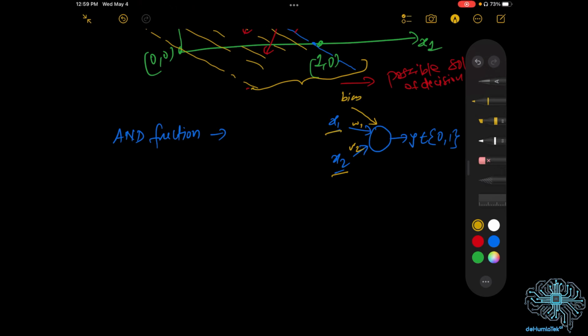We indicate that bias as x0, whose value is 1, and its weight will be W0. So that's why it has 3 inputs. There is always one extra input for every neuron, which is known as bias.